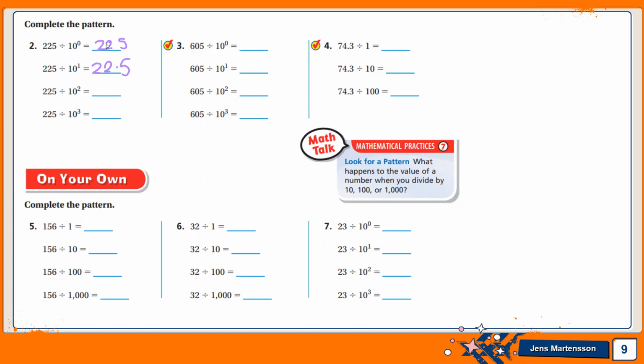The third one. 225 dividing by 10 squared. 2.25. Thank you. The fourth one, 225 divided by 10 cubed. Thank you, Malak. Bravo.